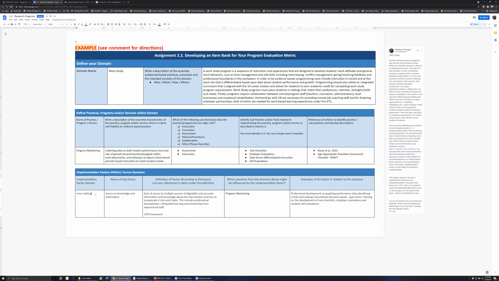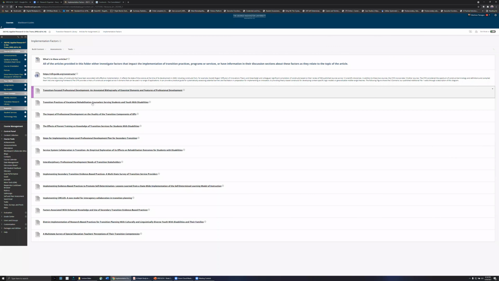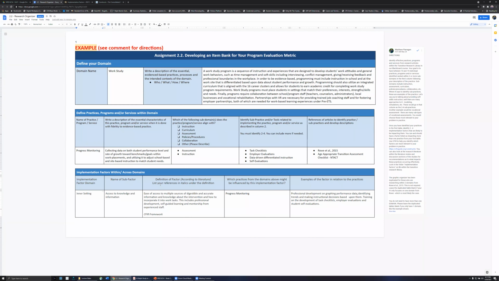I'm then going to look for, according to the literature, so this is where these articles come in. These articles in their discussion sections, depending on which one you choose, depends upon what your domain is for your independent variable. But all of them in their discussion sections talk about factors that influence the implementation of these practices that are being talked about in the article.